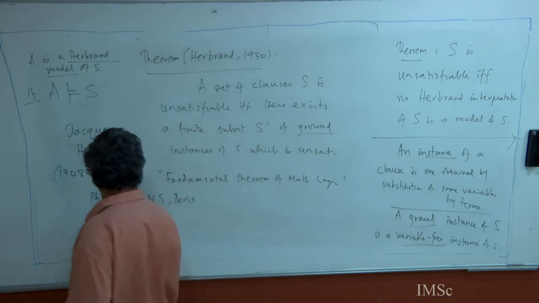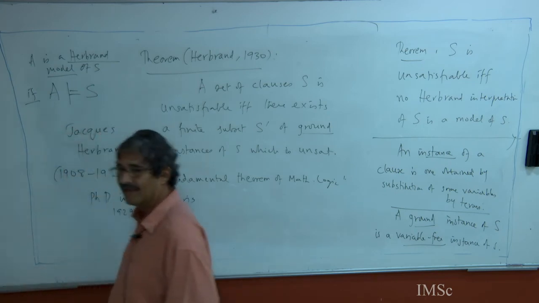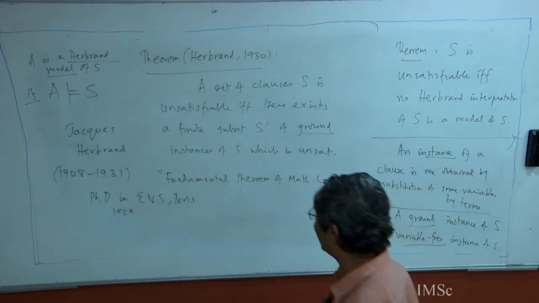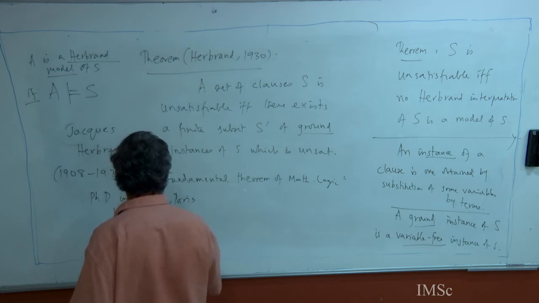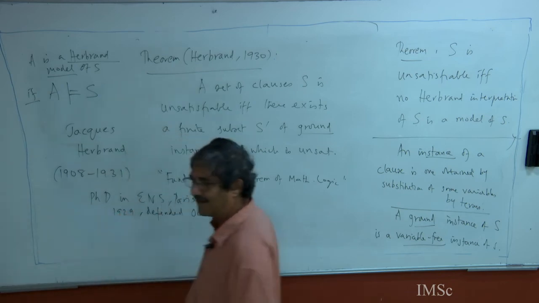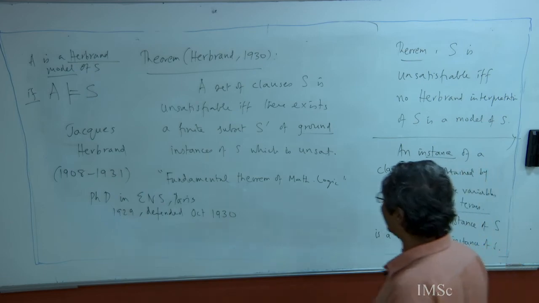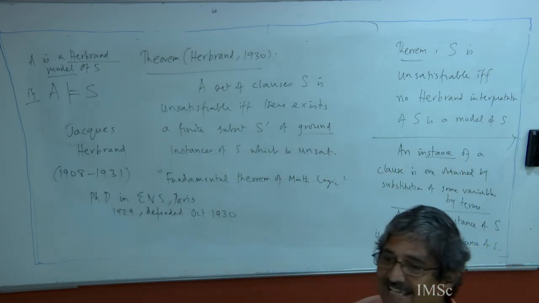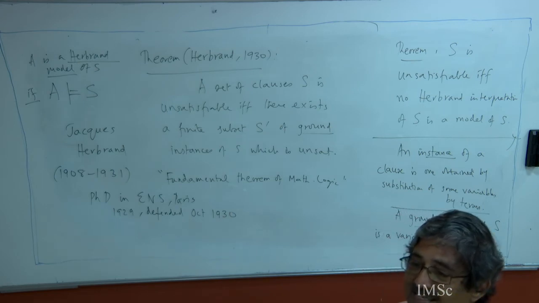He submitted his thesis in 1929, joined the army, and subsequently defended it, I think, the next year, in October 1930. These dates are very important, because his thesis was titled On the Consistency of Arithmetic.